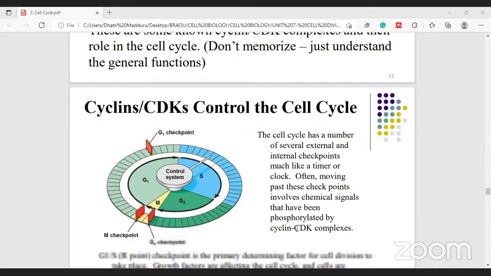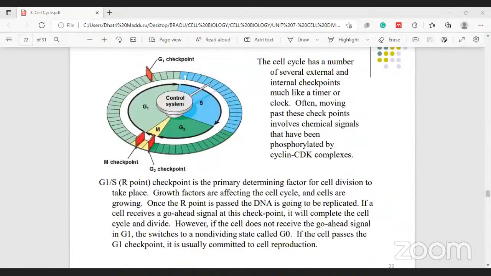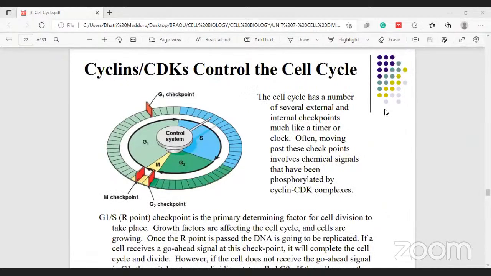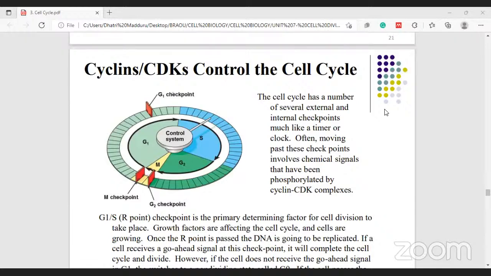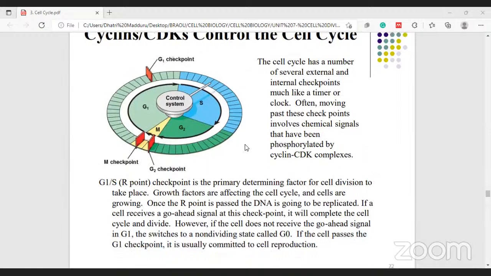So how do they control the cell cycle? The cell cycle has a number of external and internal signals, and they check how the processes are taking place. First is the G1/S checkpoint, the primary determining factor for cell division to take place. So this is the first step.